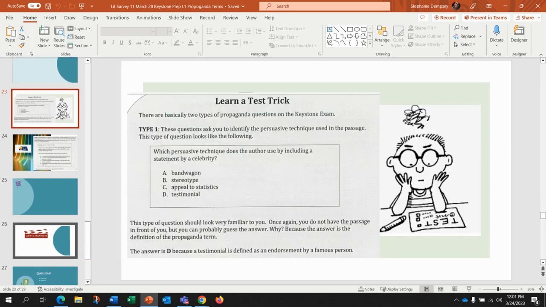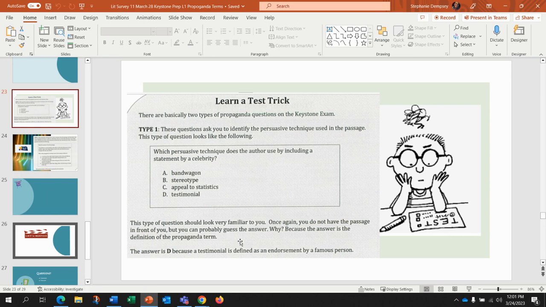So we have two test tricks to show you. There are basically two types of propaganda questions on the Keystone exam. These questions ask you to identify the persuasive technique used in the passage. The type of question could look like the following. Which persuasive technique does the author use by including a statement by a celebrity? Is that bandwagon, stereotype, appeal to statistics, or testimonial?